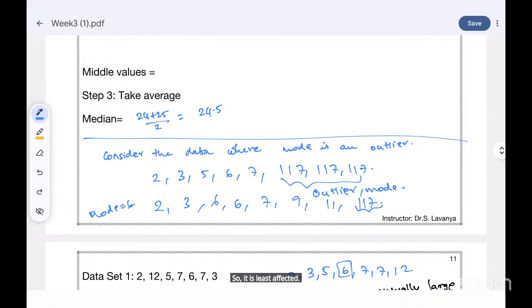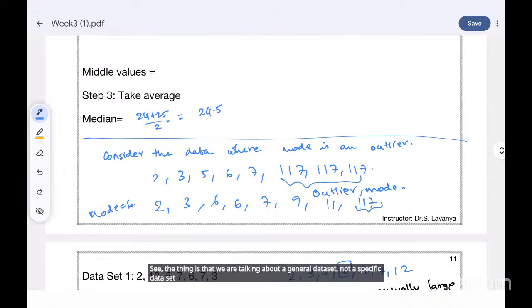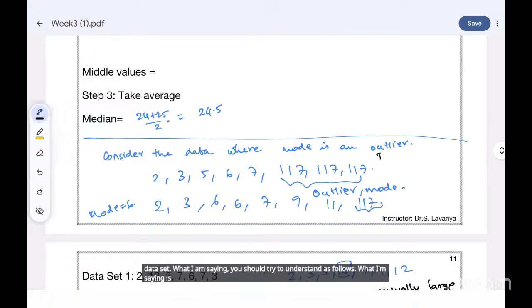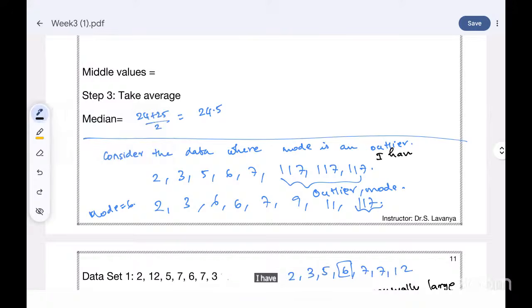See, the thing is that we are talking about a general data set, not a specific data set. What I am saying is that I have a scenario where mode is affected by outlier. Correct?